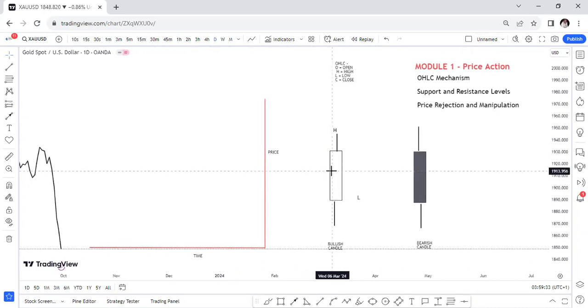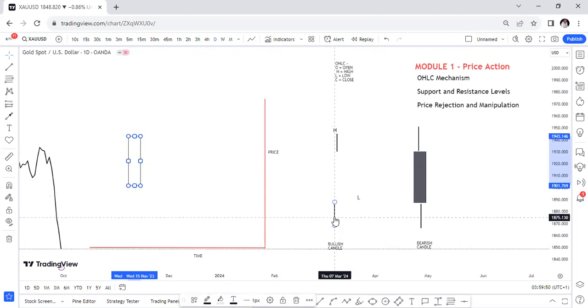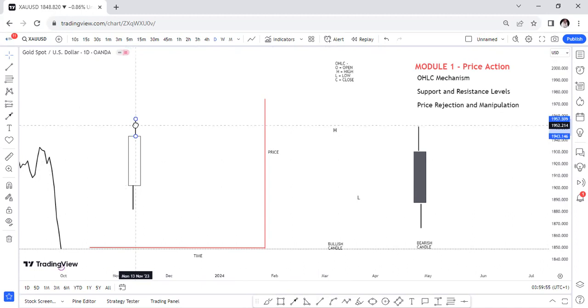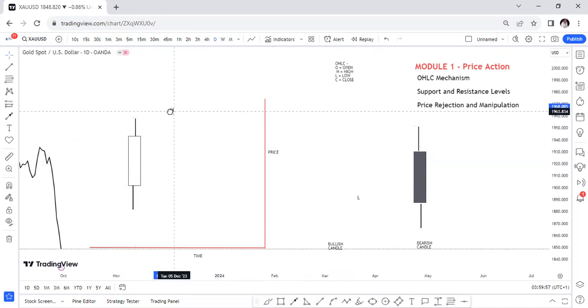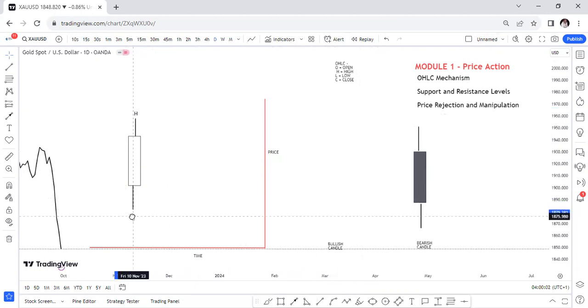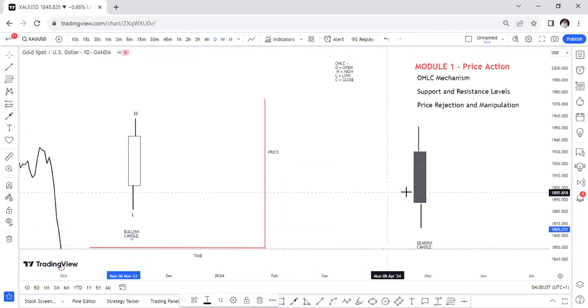Let me put it inside the chart. The high, the low, bullish market.